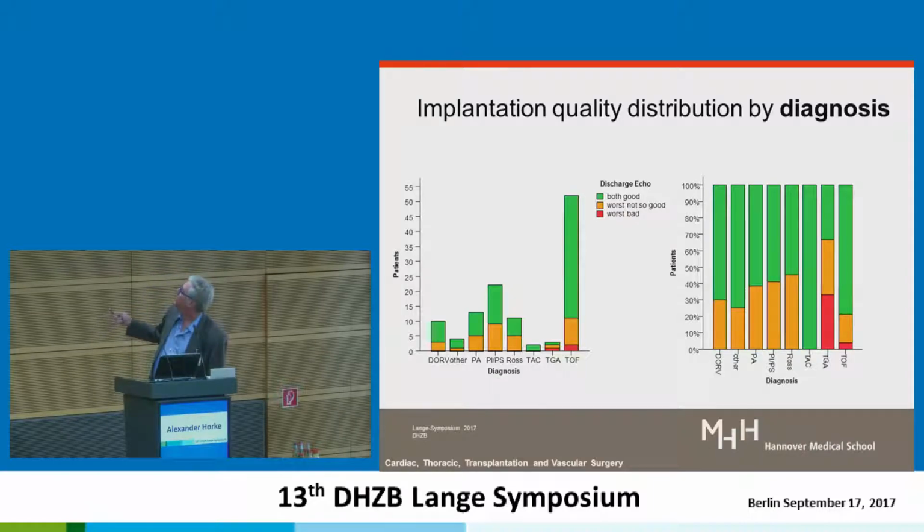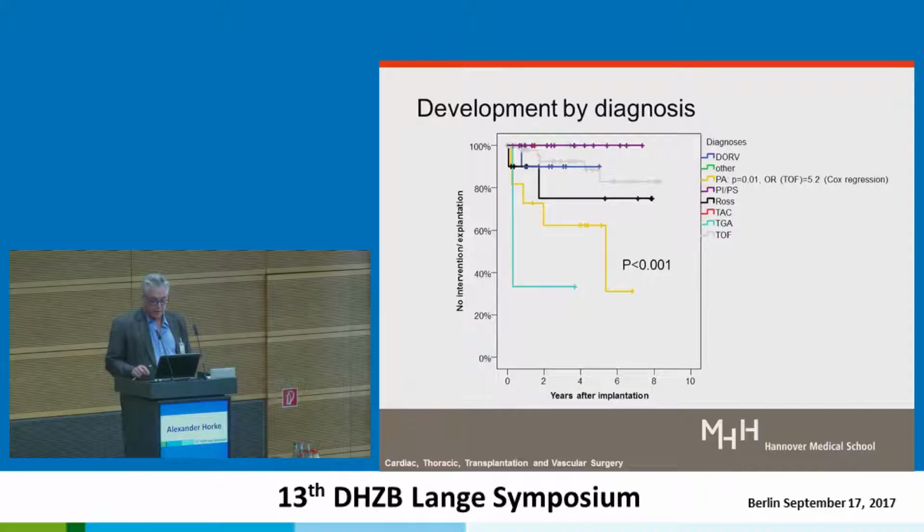Now, in what patients can we achieve good results? Let's look at the transposition heart. We had only 33% good results. And for example, in the TOF group, we have 80% of these results. And if you look at the development between these diagnoses, the worst diagnoses were TGA patients and pulmonary atresia.